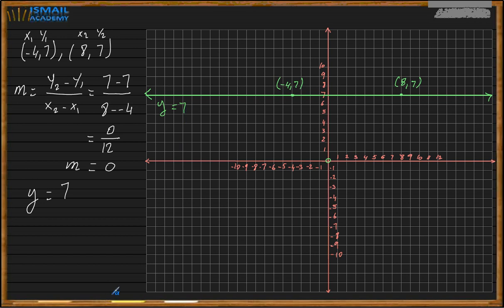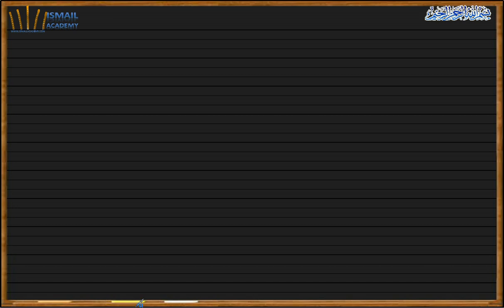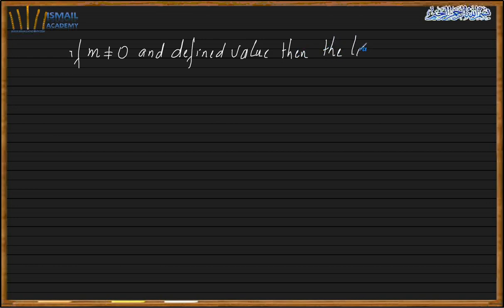So I hope you got the idea for vertical and horizontal. Now, if m is not equal 0 and defined, then the line is slant.